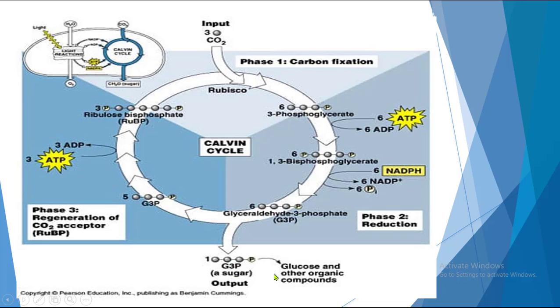It needs another G3P molecule to combine with to form a 6 carbon containing glucose molecule. So there will be another Calvin cycle with another 3 carbon dioxide molecules, which will be producing G3P. So 2 G3P molecules are enough to synthesize a glucose molecule. So in this cycle only 1 G3P molecule is formed.